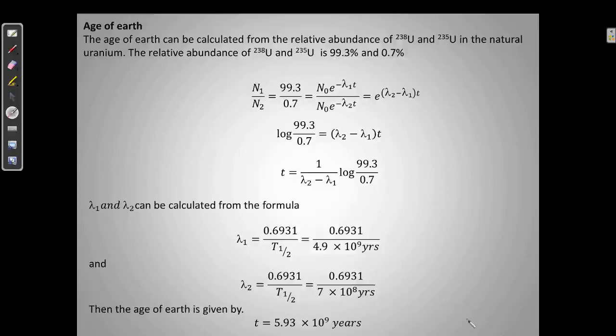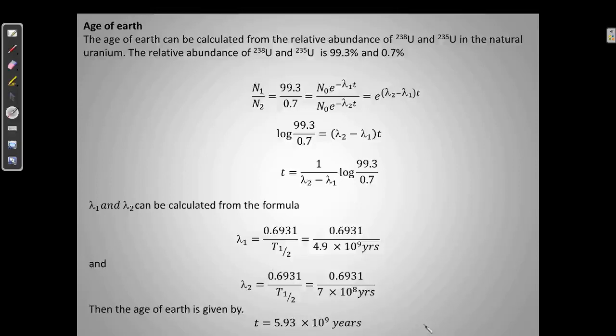This is more or less in comparison with the current age of the earth. So this method can also be used to find the age of earth. We take the relative abundance of U-238 and U-235, and knowing the decay constants for these two materials, you can measure the age of earth.